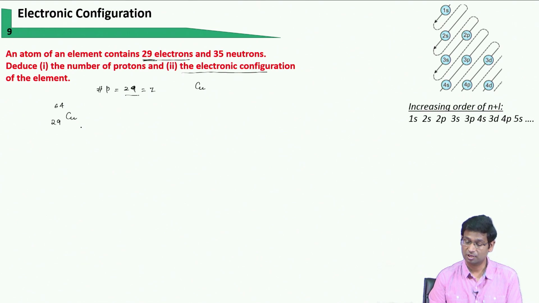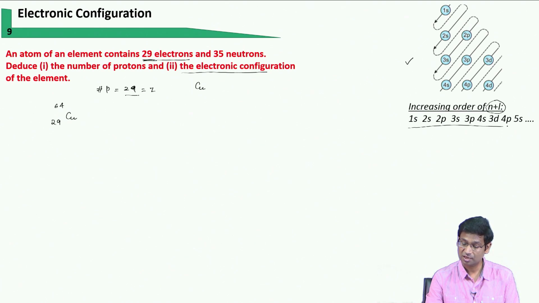To do this electronic configuration, you remember that we have to arrange the orbitals in their increasing order, and we get this increasing order by taking the n plus l value. So we have 1s, then we fill 2s, then 2p, then 3s, then 3p, then 4s, then 3d, 4p. This diagram I am sure you are familiar with.